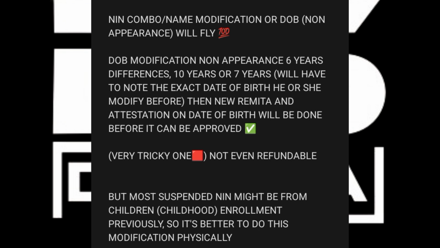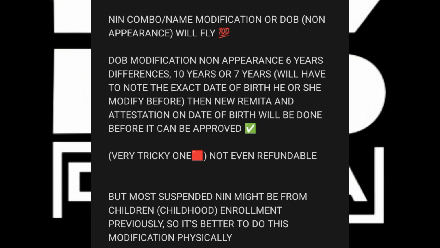And if it is name modification you have done on it before, or DOB, even the type of DOB change that you carry out determines how fast it is going to be approved.